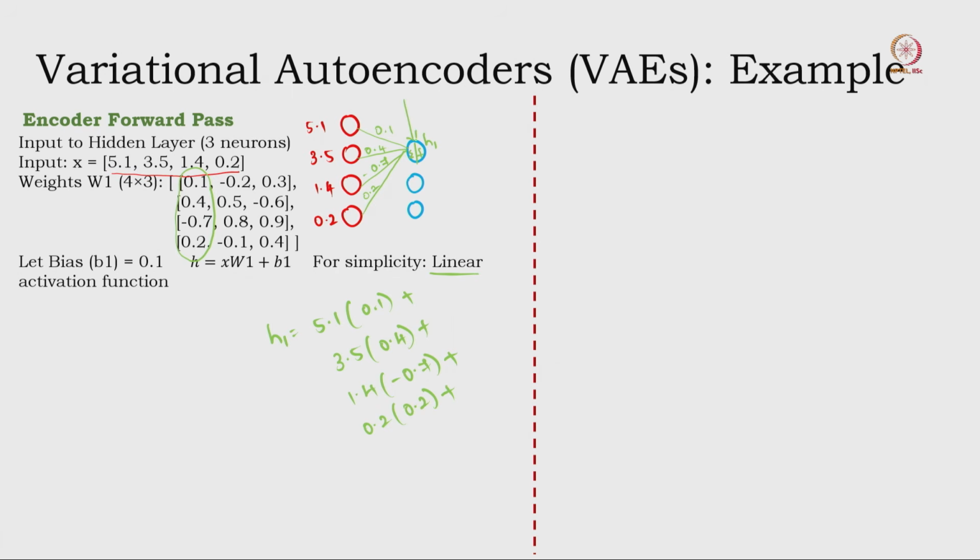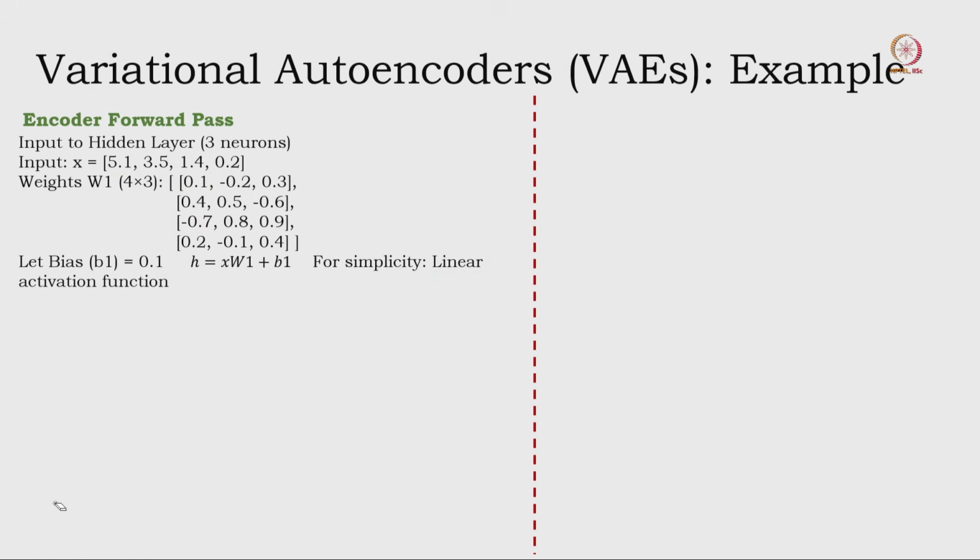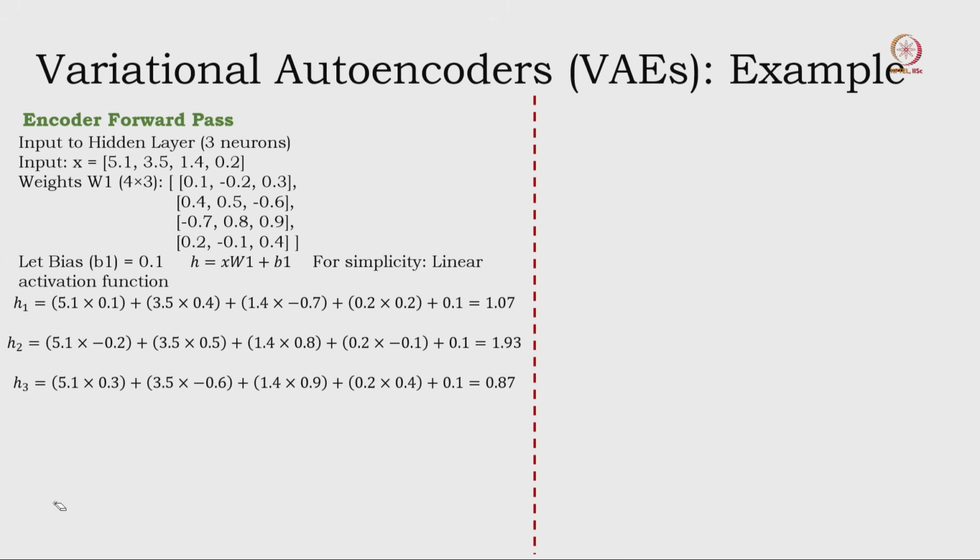The bias value here that we have taken is 0.1. Do the calculation and get the result. You will see the result will be something this way. You can see this is the calculation.